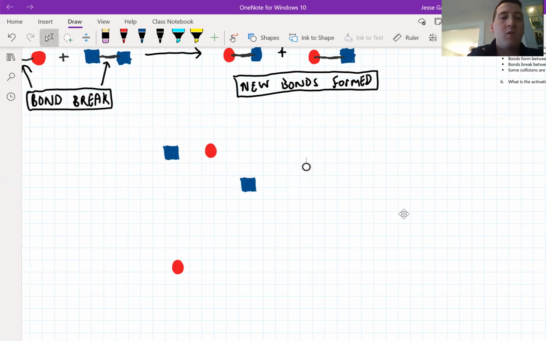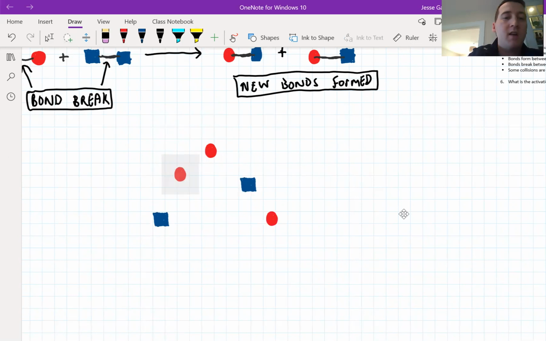So they're all moving about in a container, and like I said, some of them are going to crash into each other and collide, then bounce off each other and nothing is going to happen. So not every collision is going to result in them forming a new bond. For them to collide and form a new bond, we say they have to collide in a successful collision.